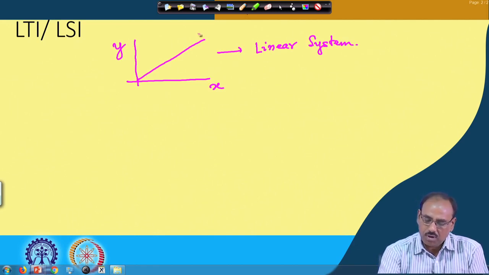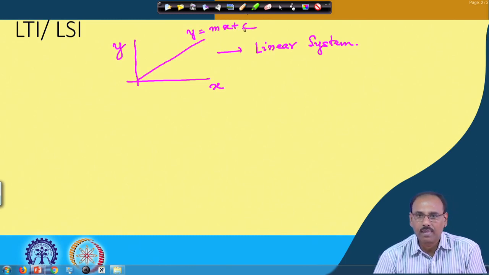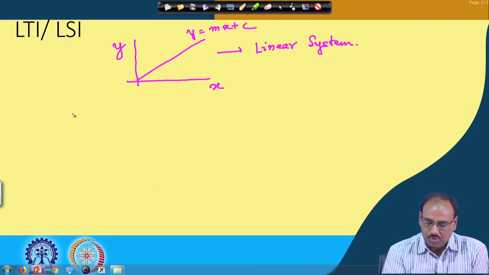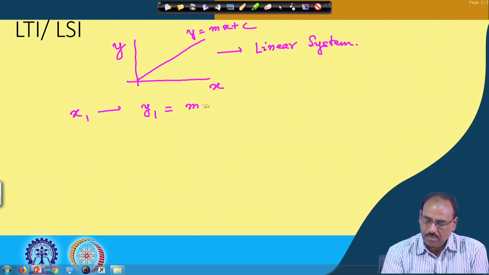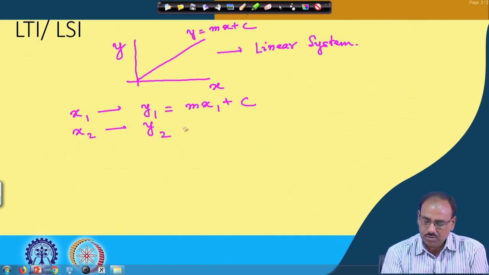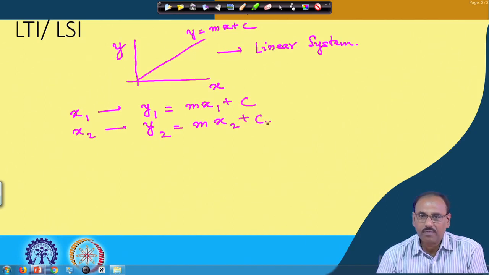Because suppose this equation is given by y is equal to mx plus c. Now, given an input x1, output of the system will be y1 is equal to mx1 plus c. Similarly, given an input x2, output of the system will be y2 is equal to mx2 plus c.